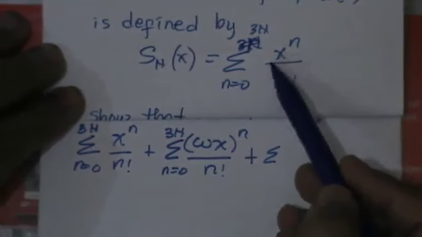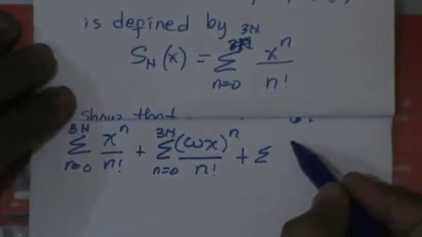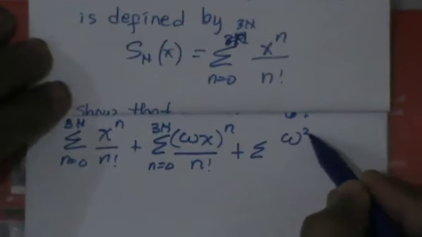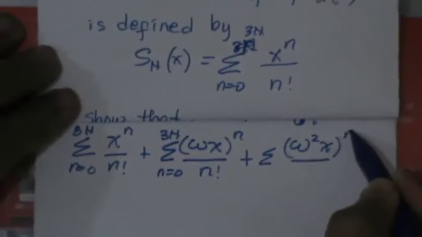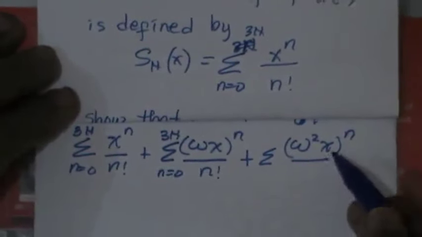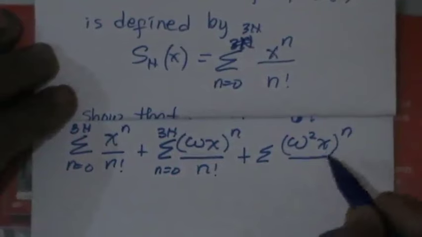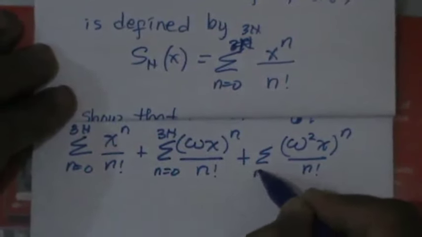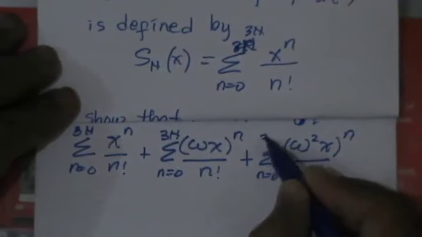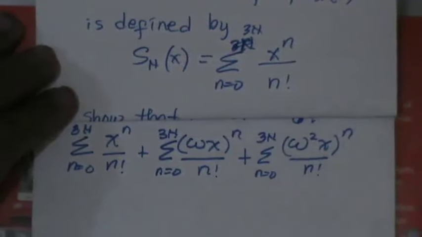So we will change this with omega squared x. You have your omega squared x raised to the n, don't forget the parentheses, divided by n factorial from n equals 0 to 3n. Alright, and there you go.